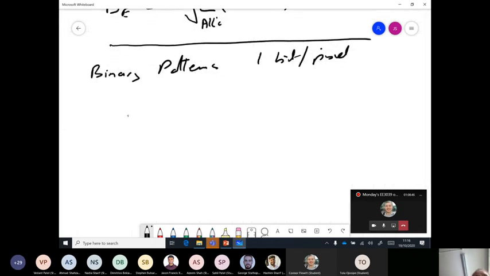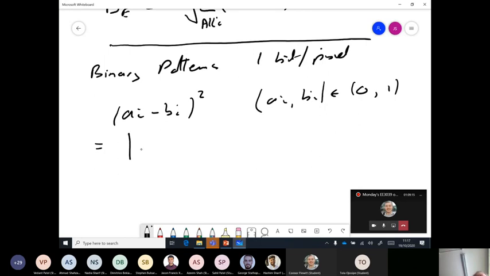And let's take the term (a_i minus b_i) squared. Now, a_i and b_i are going to be 0 and 1, binary. Now, if I want to look at this squaring operation, if A is either 1 or 0 and B is either 1 or 0, that is going to be equal to the mod of a_i minus b_i.